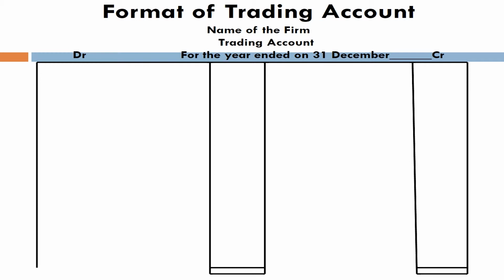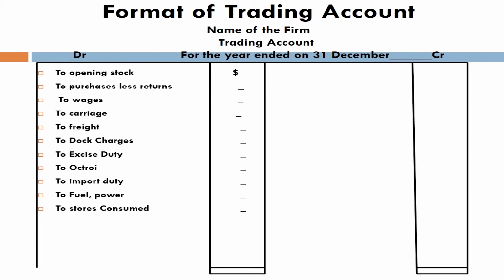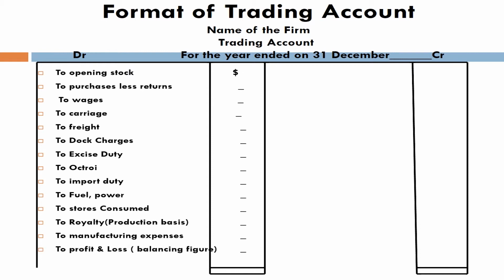On the left side, we will find the expenses and it starts with opening stock, purchases less returns, wages, carriage, freight, dock charges, excise duty, octroi, import duty, fuel, power, etc., stores consumed, royalty on production basis, manufacturing expenses, and on the other hand, we can see sales less returns and closing stock.